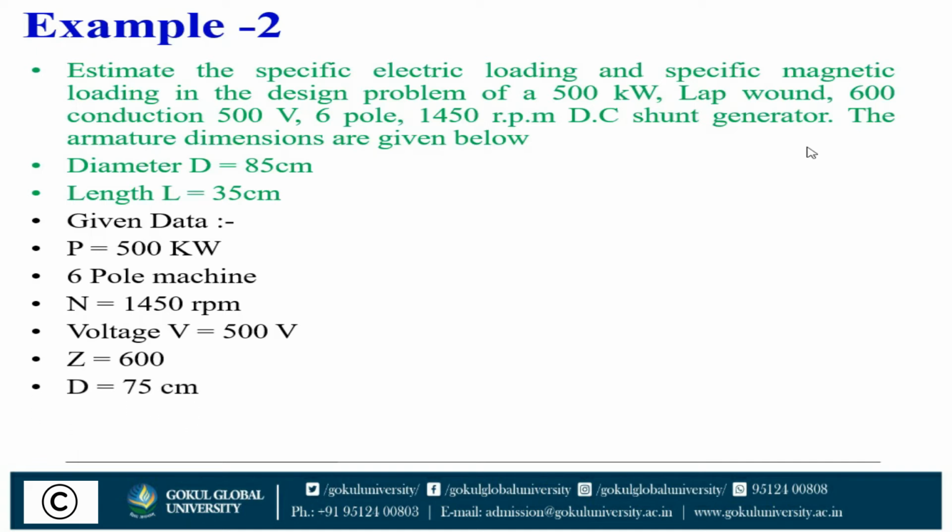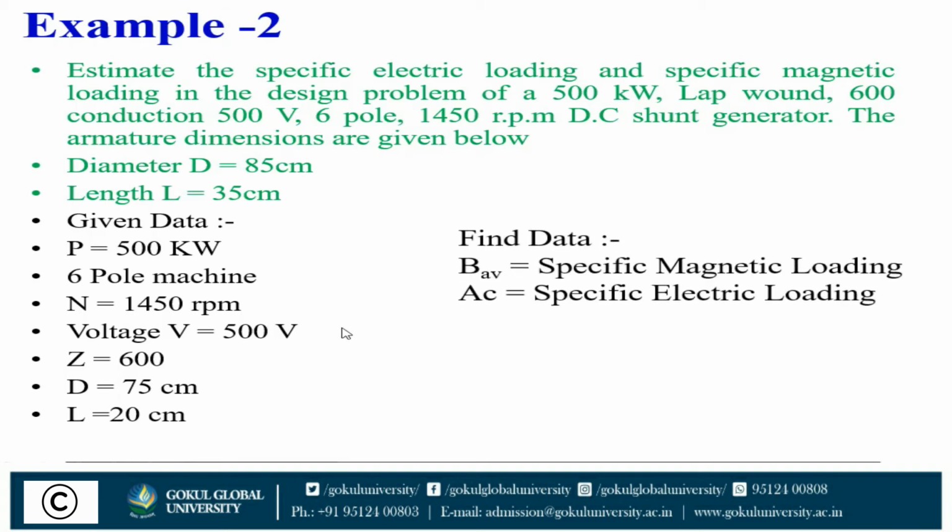D means diameter, it's not 75, it's 85, that was a mistake. L is not 20 or 70 centimeter, it's 35 centimeter, that was a mistake. So find the data. Bav is the specific magnetic loading and AC is the specific electric loading. Right? How to calculate these two values?